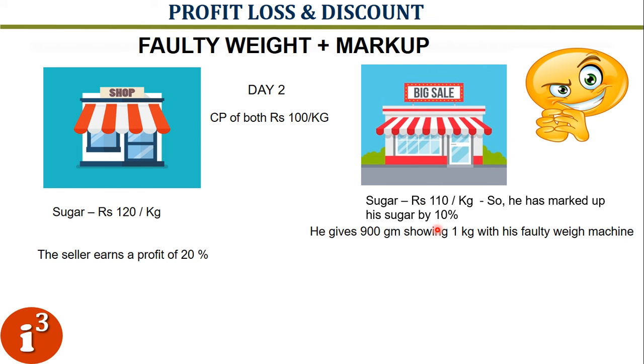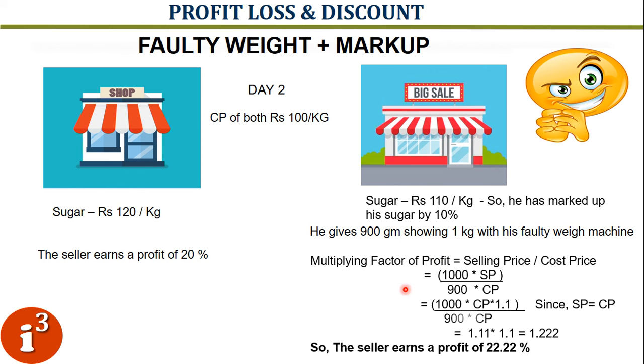So what happens now? How much profit does the shopkeeper make on day two after marking up his sugar by 10%? The other shop is already earning a profit of 20%. What this shopkeeper is now doing, from the same process, is a multiplying factor. He is taking the price of 1000 gram but actually selling 900 gram, so SP by CP.